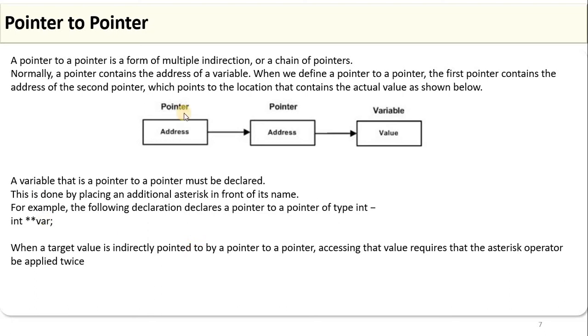If you see this diagram, there's a variable and there's a value. This pointer would usually hold the address of this variable, but I am declaring another pointer that could hold the address of another pointer. Then this is a pointer to a pointer.